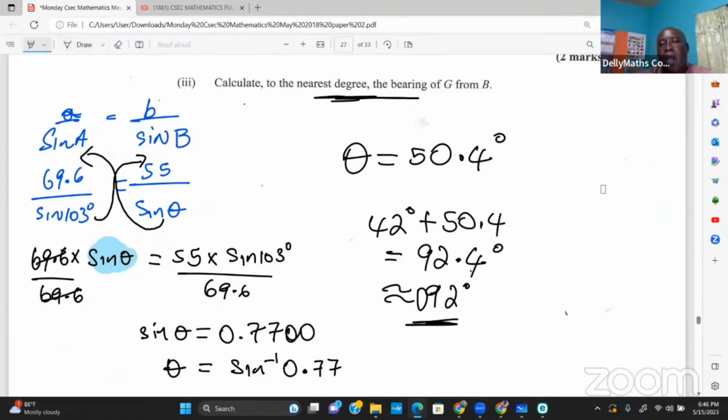So originally we got this, but the question said the nearest degree. Because the 0.4 does not reach 5 yet, we have to round down to 92. I'm just using the 3-digit system here and say 0.92 because bearings are normally given like that. So that's that. The bearing question is finished.